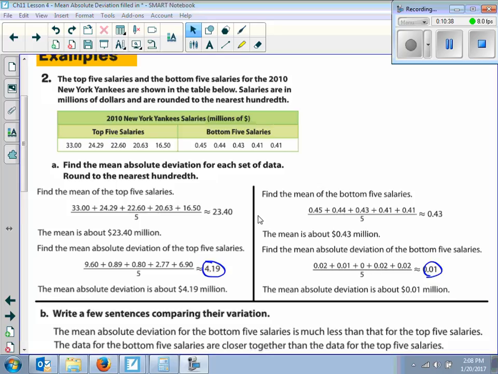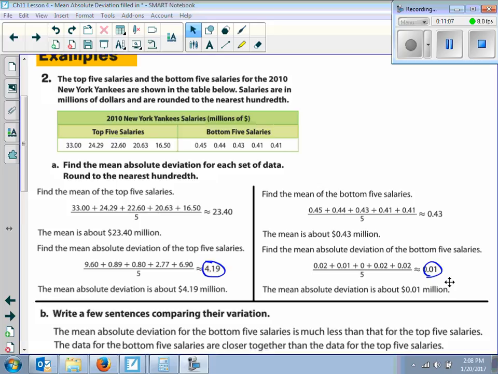We find the mean absolute deviation for each set of data, and then we compare them. For the top 5 salaries, the mean absolute deviation is 4.19. For the bottom 5 salaries, it's 0.01.